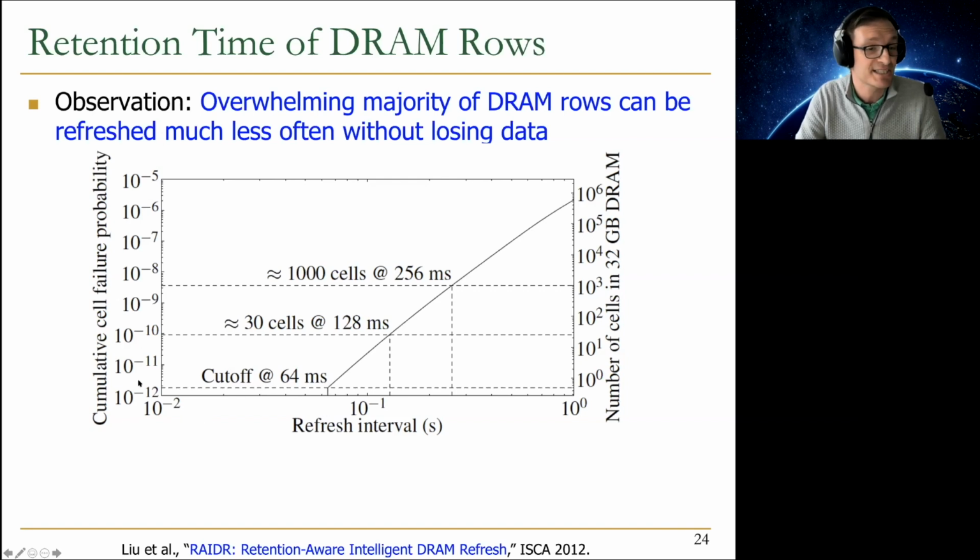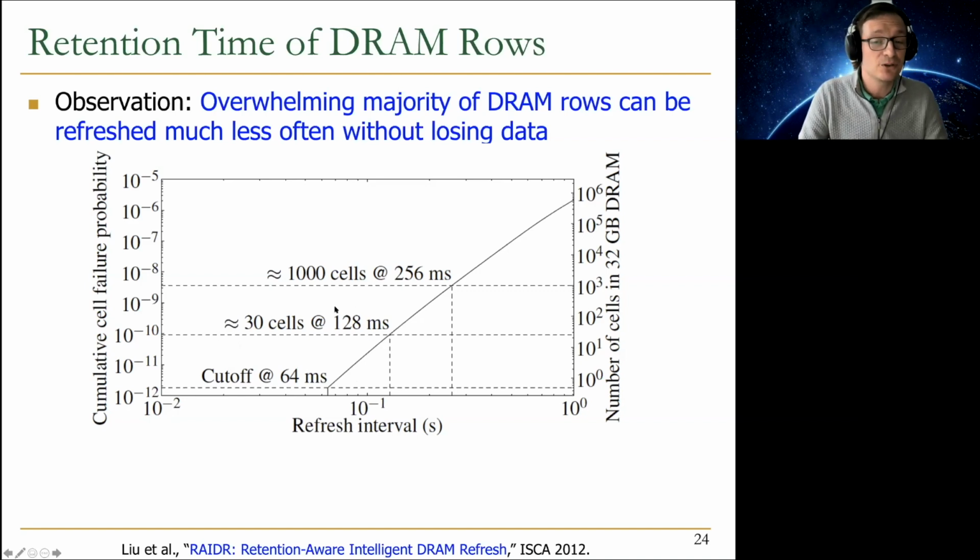The y-axis is cumulative cell failure probability. And the right y-axis is really the same axis, but represented in number of cells that have errors in 32 gigabytes of DRAM. So at 64 milliseconds, you should really get 0 cells that have failures or close to 0 cells. There's some inherent failure rate that may happen, but we're not going to talk about that.